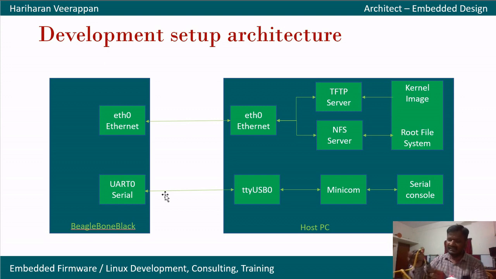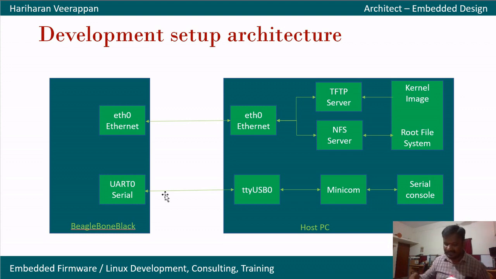We have the Ethernet cable connected to the BeagleBone Black, and the other end I'm going to connect to the development PC, basically, that we will be seeing over here. I'm going to connect my USB to serial TTL cable to my development PC.